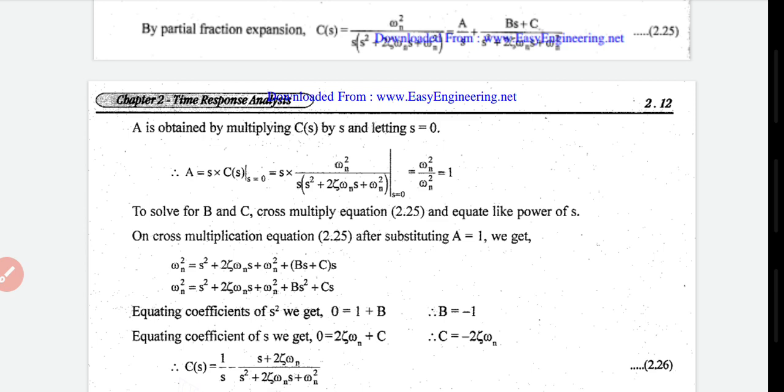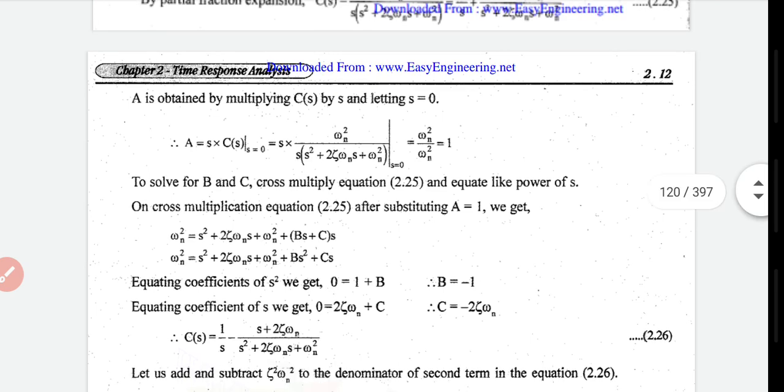Now equating the coefficient of S square. In the LHS the value is 0, and in the RHS you have 1 plus B, right? 0 is equal to 1 plus B. So what is the value of B? B is equal to -1.